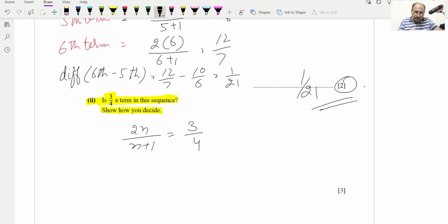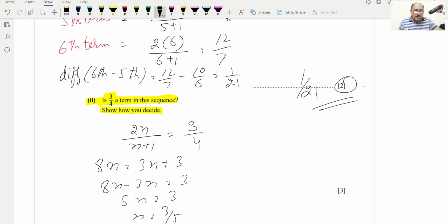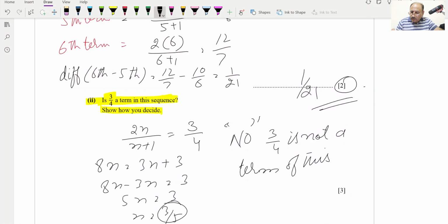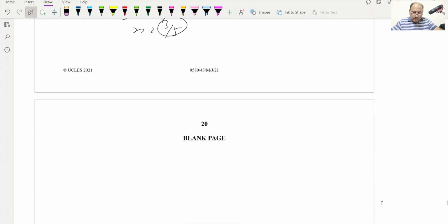Now we can cross multiply, so 8n is equal to 3n plus 3, and 8n minus 3n is equal to 3. So 5n is equal to 3, so n is equal to 3 by 5, which is basically a decimal value. So we will say no, 3 by 4 is not a term of this sequence, right? So this is what we have done.